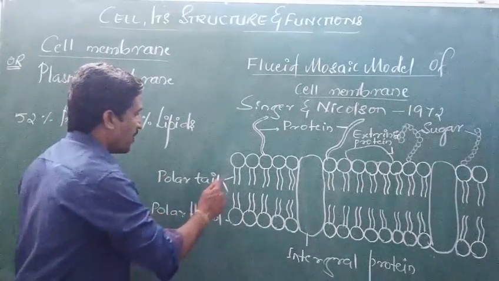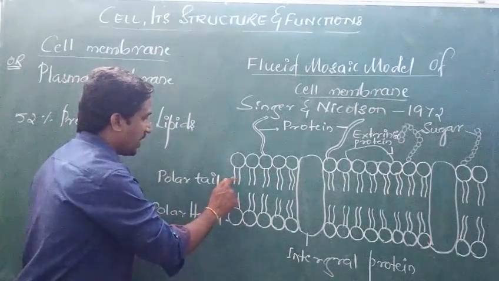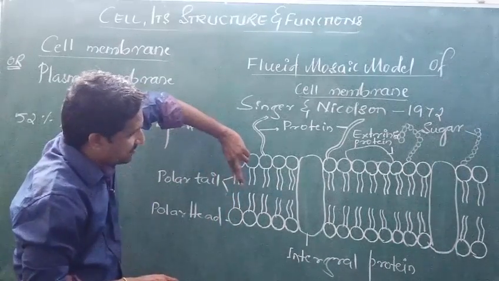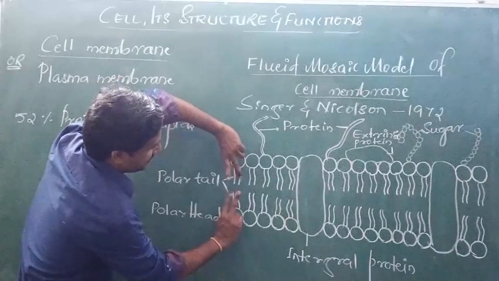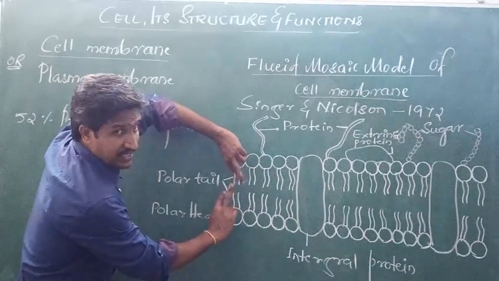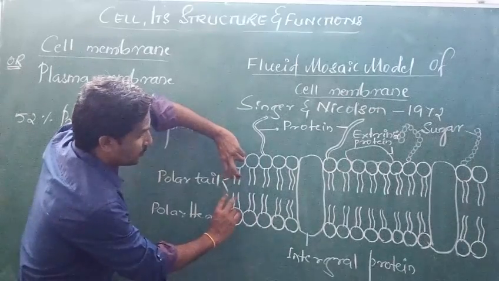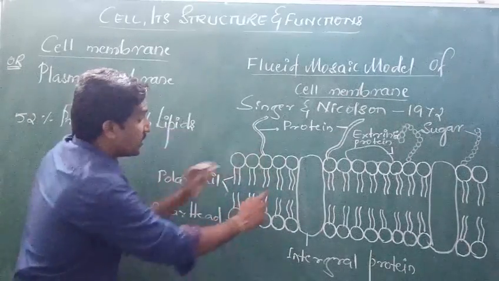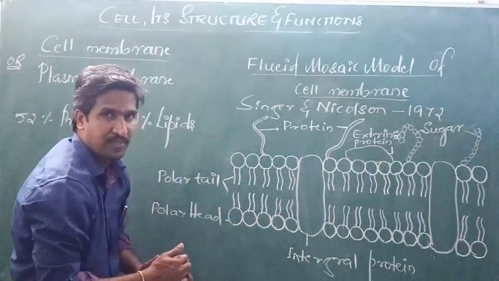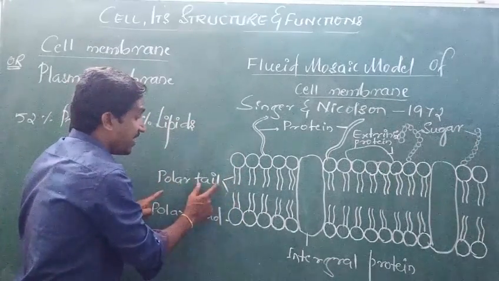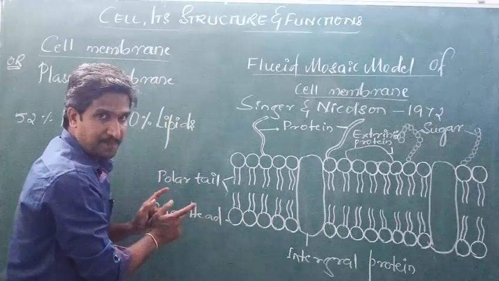This is also a tail, which can flap like this. They allow movement in and out with the help of these channels, which I will tell you about now. So these are said to be a tail, called a polar tail.